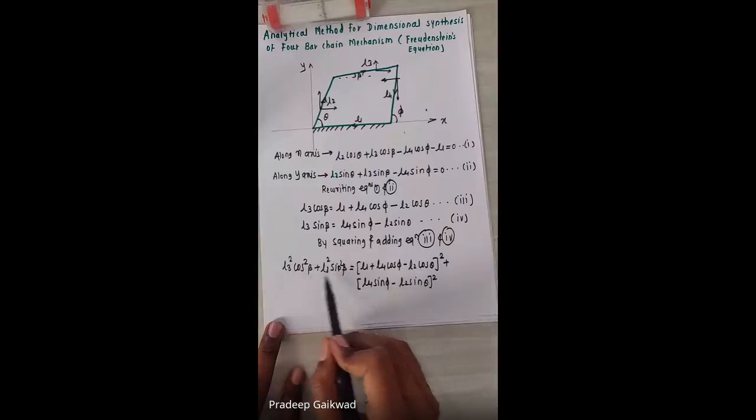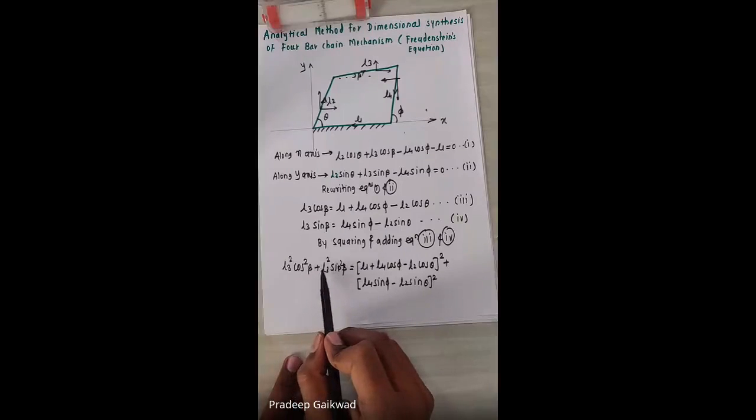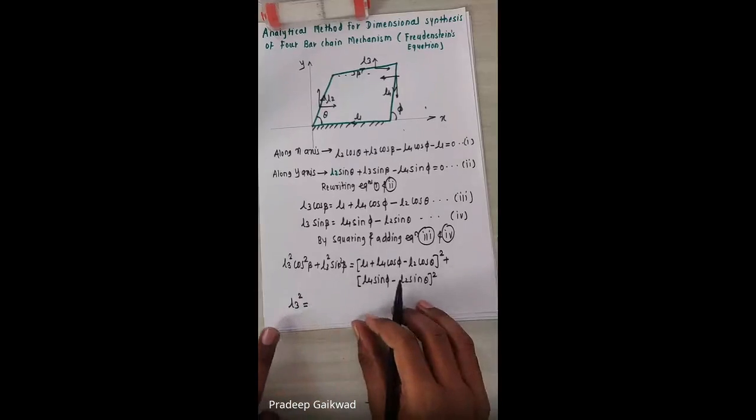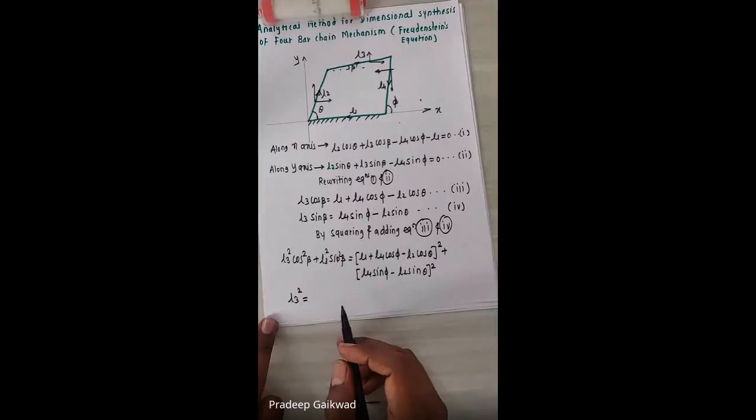The left hand side is L3 square cos square beta plus L3 square sin square beta. L3 square is common, so we take L3 square common into cos square beta plus sin square beta, and as we know, cos square beta plus sin square beta is equal to 1. So L3 square is equal to, on the right hand side, what can I write? It is basically (A plus B plus C) square.